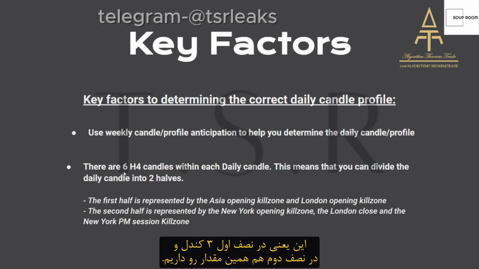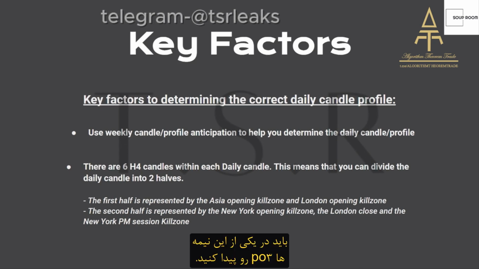Why? If there are 6 4-hour candles within a daily range, then that means there are 3 candles within the first half and 3 candles within the second half. You are bound to locate a power of 3 within one half of the day. Okay?